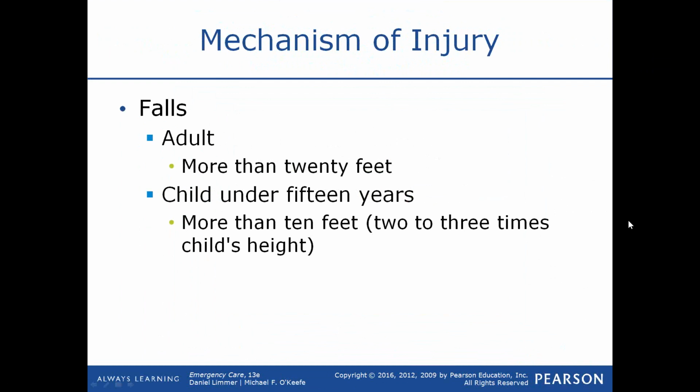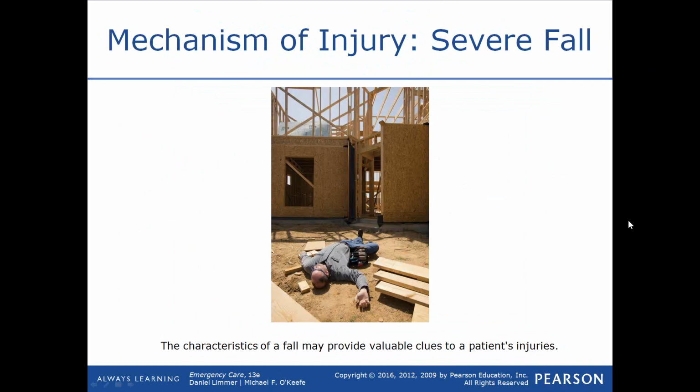So if a person falls from a height of 12 feet or more, there certainly is a potential for some serious injury. Children under 15 years, if they fall more than 10 feet or 2 to 3 times their own height, that increases the likelihood of a serious internal injury.